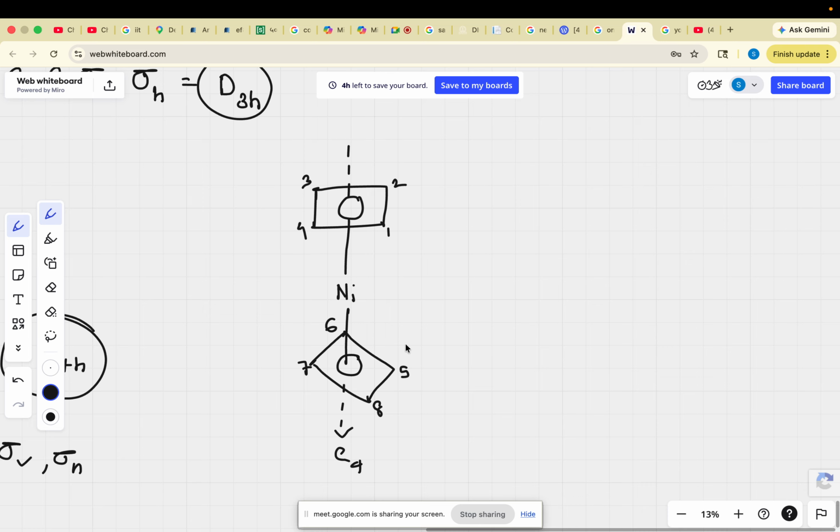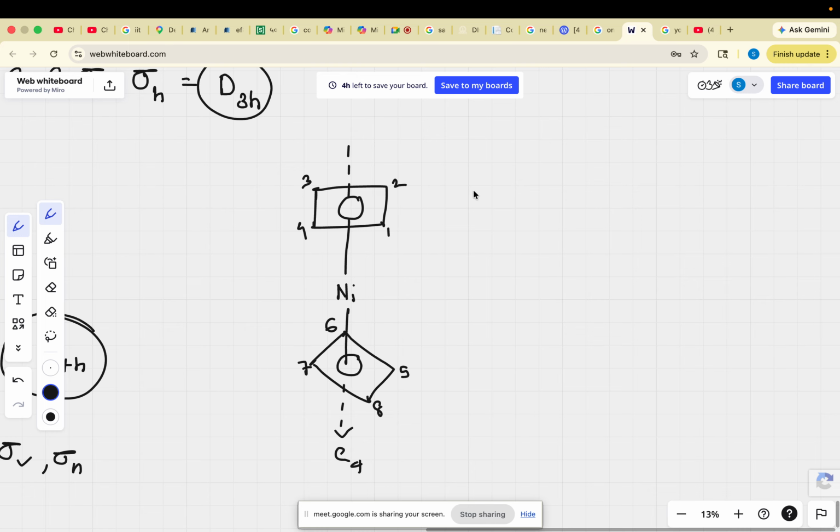Now the question is, is C2 present or not? Suppose this is one matchbox and this is another matchbox, and they are staggered to each other. Now tell me, is a C2 axis present or not?